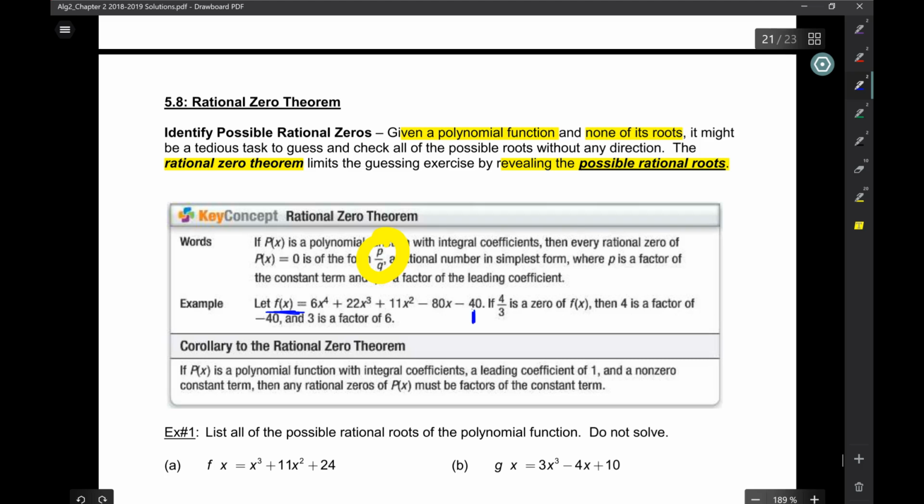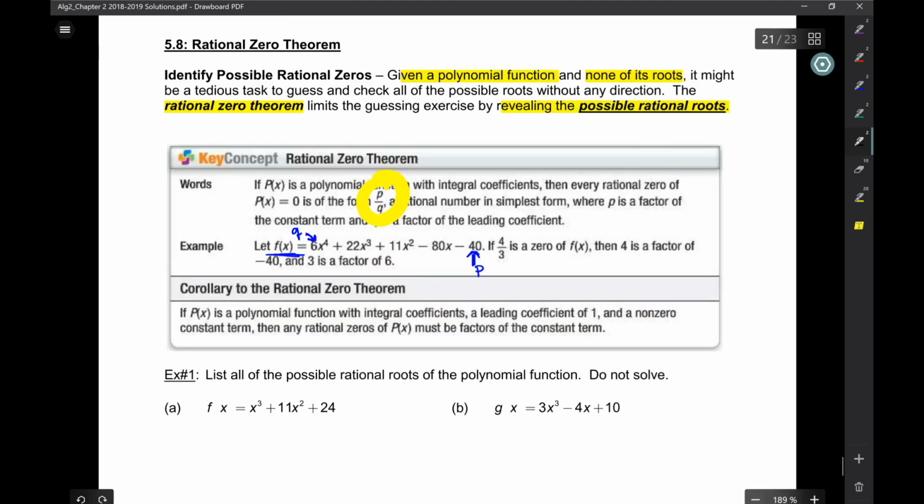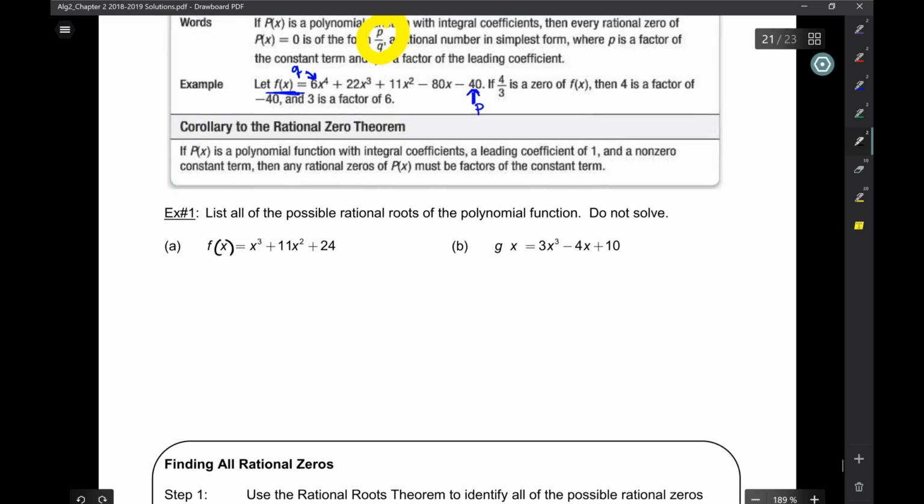The factors of this constant give you P. The factors of the leading term give you Q. It sounds more complicated than it is. If we just do a couple, you'll see what I'm talking about.